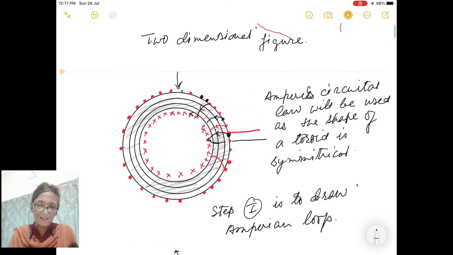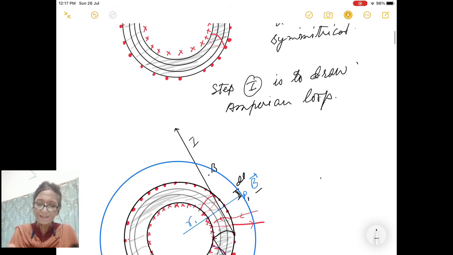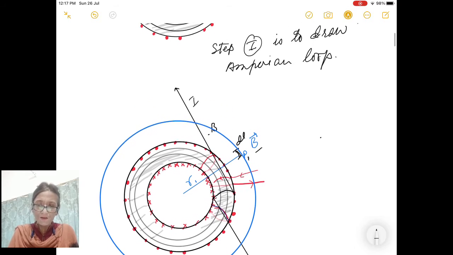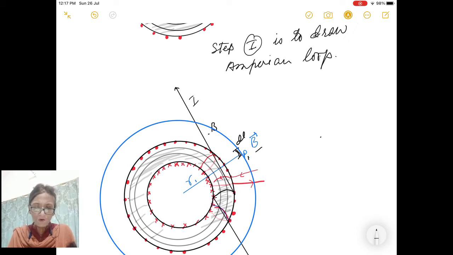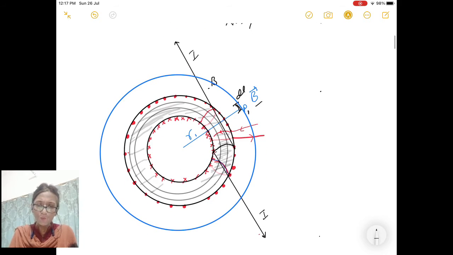So you can see that the shape of this toroid is circular kind of. So we will be taking an Amperian loop which also is a circle. So three kinds of Amperian loop can be obtained. An Amperian loop which is totally encircling the toroid.